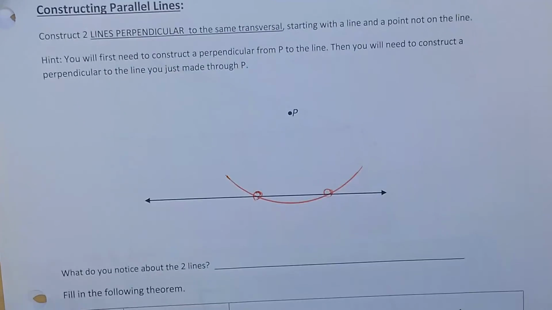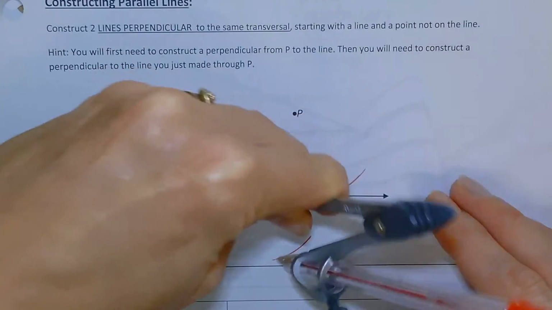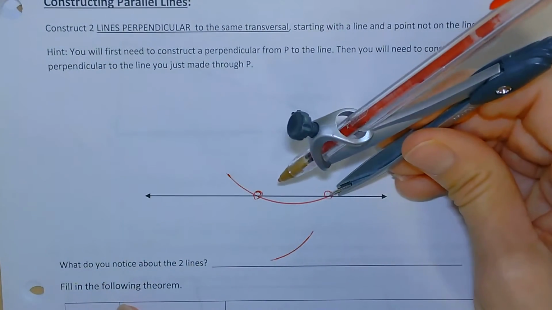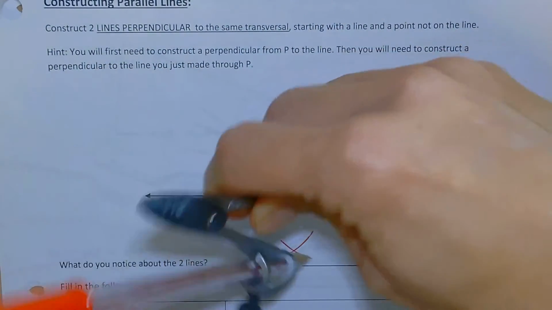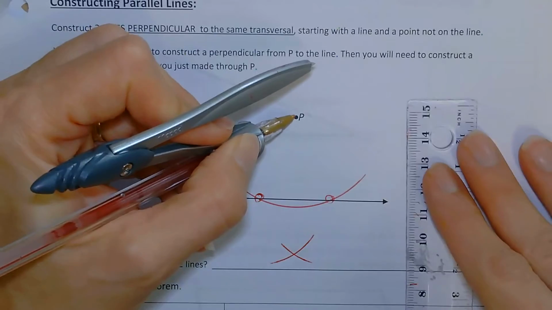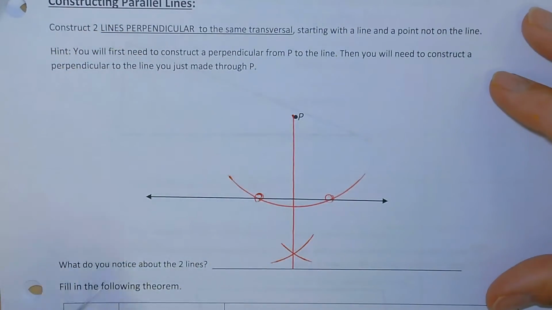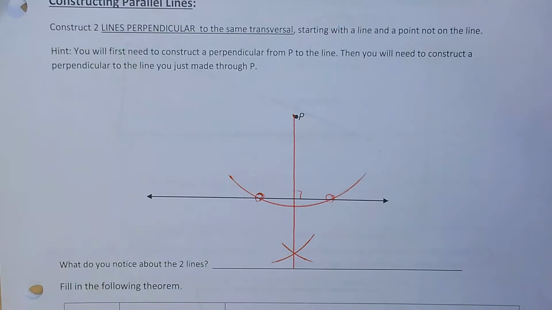And then from there, you're going to make an X, which is part of the smiley dimple X. Then you are going to connect your X to your P. And that is going to create a perpendicular from a point not on a line to a line.